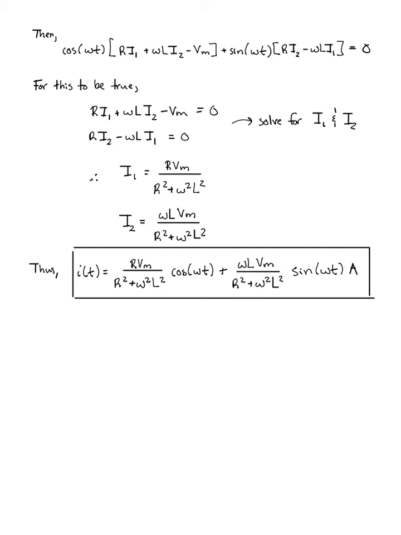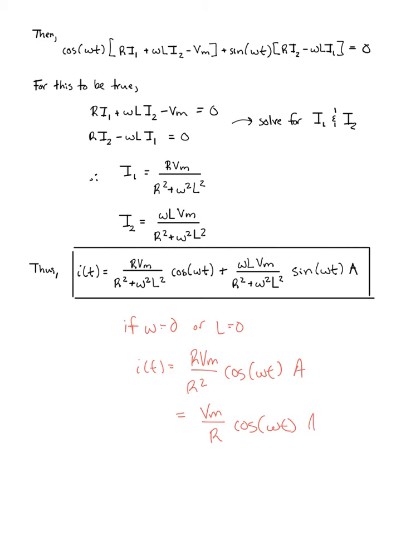Note that if there wasn't an inductor, in other words, we operate this at DC as well, and we look at the argument in front of this cosine, we would end up with, let's just write this, if omega equals 0 or L equals 0, this would result in I equal R Vm over R squared cosine omega t, and the second term would go away completely, which would simplify to Vm over R cosine omega t amps.